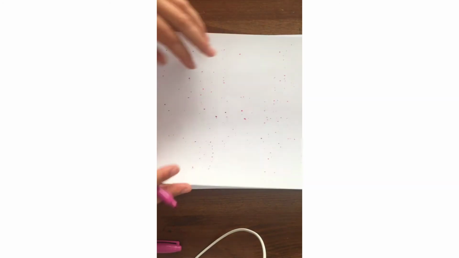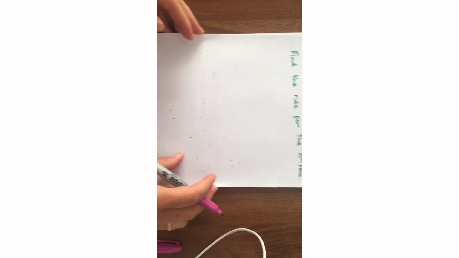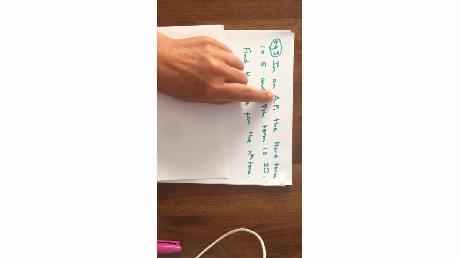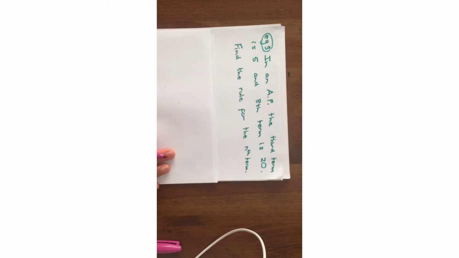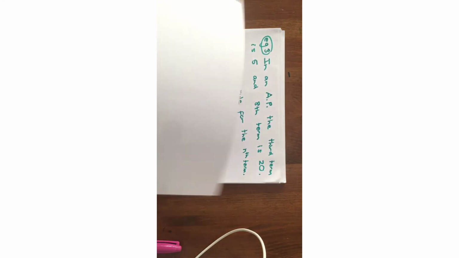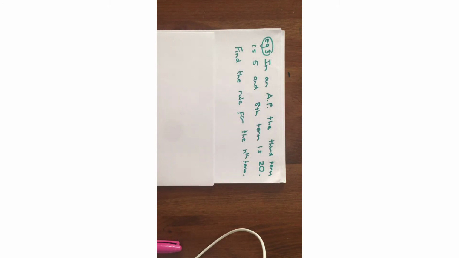Right, let's get on to something a little bit harder now. Example 3. In an AP, that's a shorthand for arithmetic progression or arithmetic sequence, the third term is 5 and the 8th term is 20. Find the rule for the nth term. Okay, so we're not given the first term here, are we?